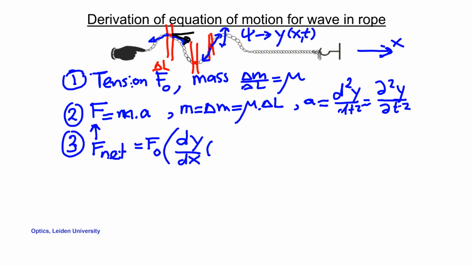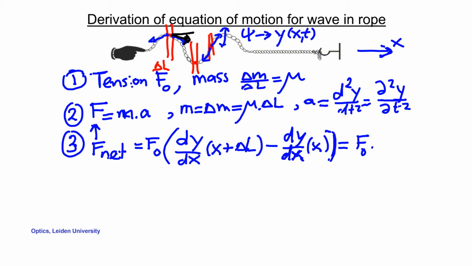There's a component on the right which will depend on the slope at position x plus delta x, the slope on the right, and there is a similar component of the force in the other direction on the left hand side of the rope. And so if you combine these two, you can rewrite this as F0 times the second derivative of y versus position times delta L.